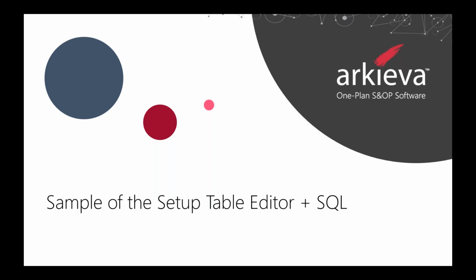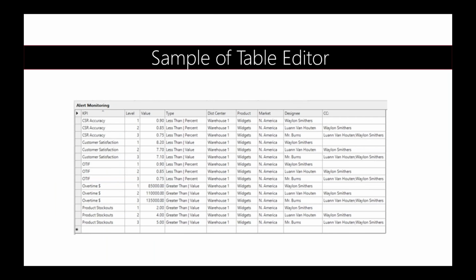And once you do, you're going to eventually get to this point where, hey, I've got my KPI, I've got my different levels, and here's what I'm trying to look for, and here's the person responsible. And as you go up the threshold levels, you get more and more people involved in the situation.